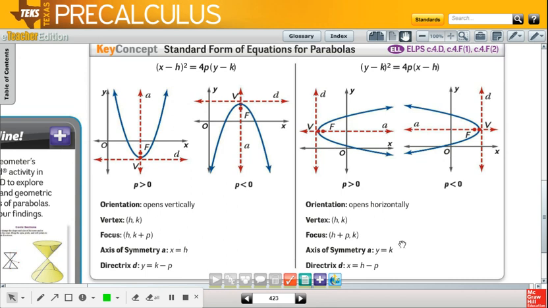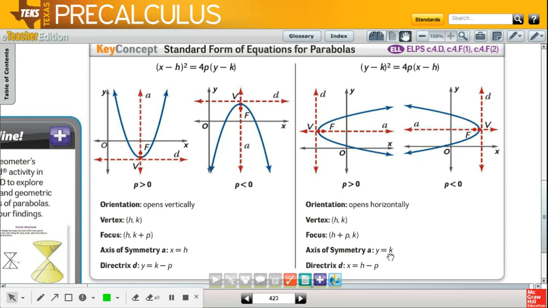So to review, for the parabolas that open horizontally, the vertex is the same as before. The focus is different, where the x-coordinate is h plus p and the y-coordinate is k. Now the axis of symmetry, where it says y equals k, means it's going to be a horizontal line that goes through the y value. So whatever your k is, that's your y value, and it will be a horizontal line. Your directrix will be the x value.